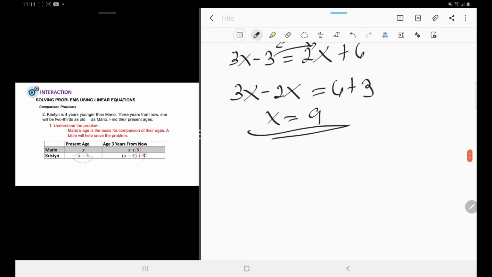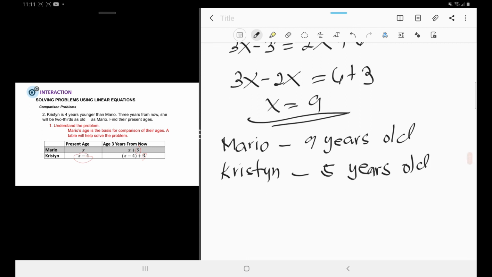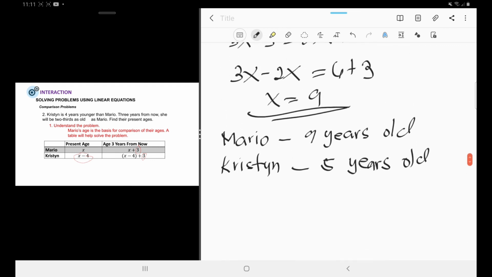So, therefore, Mario's age is 9 years old, while Christine is 5 years old, since Christine is 4 years younger than Mario. Right.